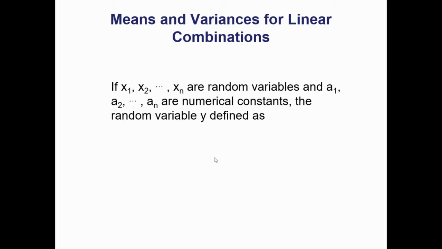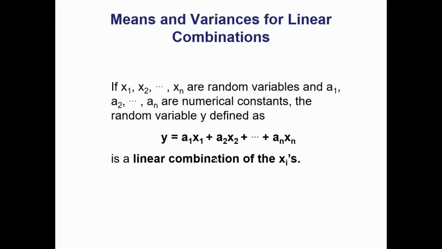So if x1, x2, all the way to xn are random variables, a1, a2 to an are just numerical constants, then we can define the random variable y as a linear combination of the x's.